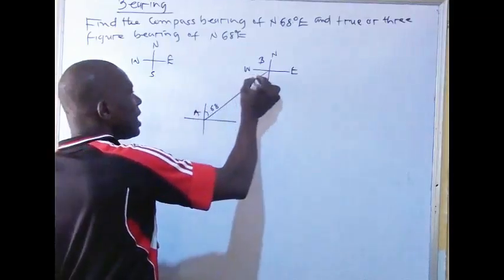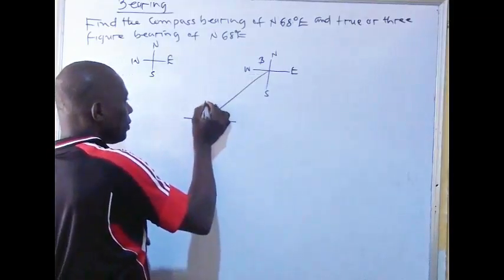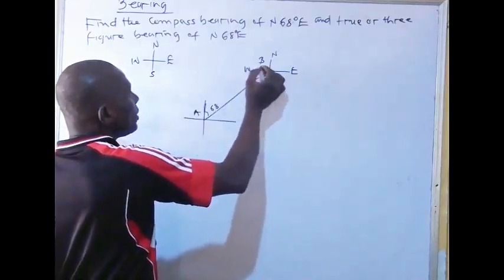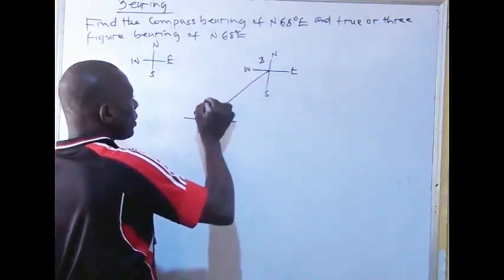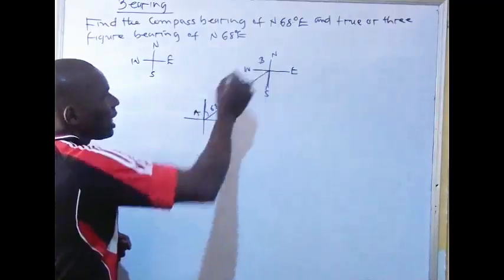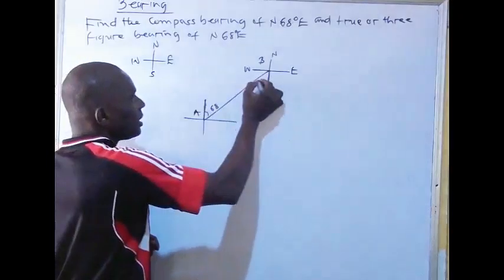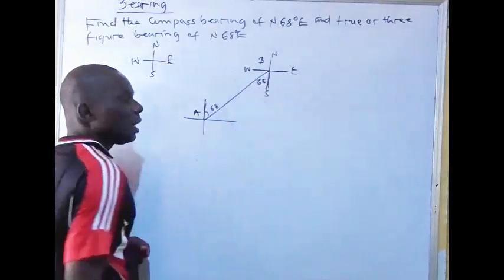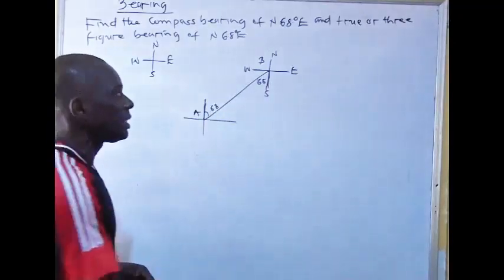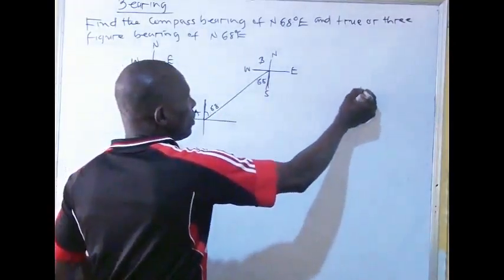If you look at this angle here, and this angle here, they form what we call the Z angle. So this angle here is 68 as well, because they are alternate to each other. They look like Z, if you look at the shape.